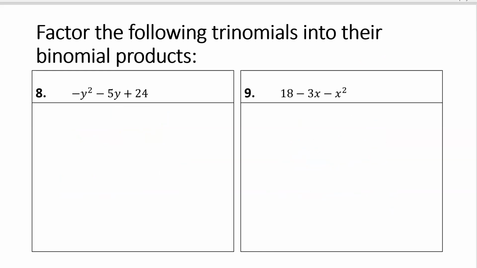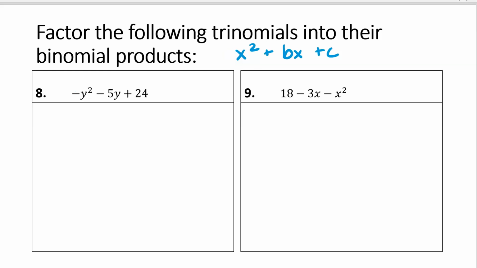-y squared minus 5y plus 24. So what I would do in this case, because again, we're working with trinomials that look like this, where you have a positive x squared, what we'd want to do is factor out this negative sign here.